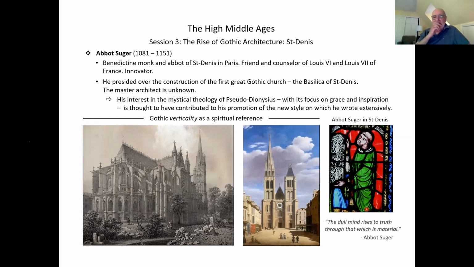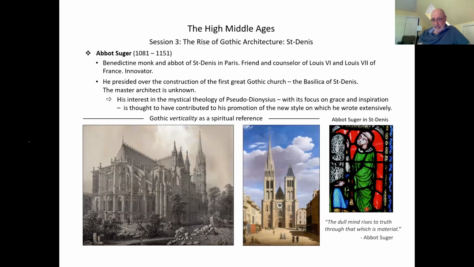And while Suger may not have invented it, and he's not the architect of it, and indeed the master architect is unknown, he is the sponsor of it and the spokesperson for it, and the man who sees it through all of its funding. And if you will, he is the great monastic patron of the Gothic invention.